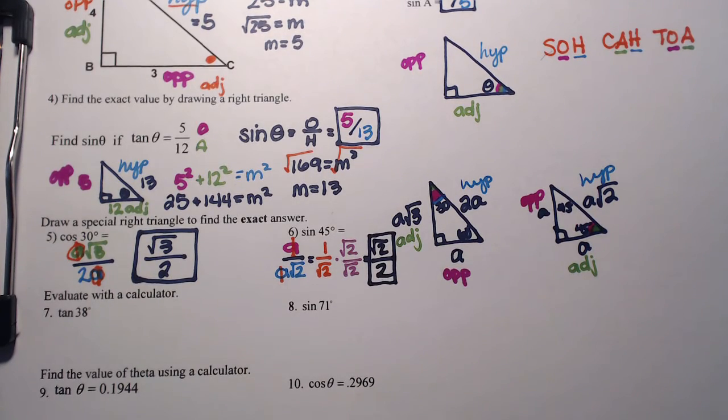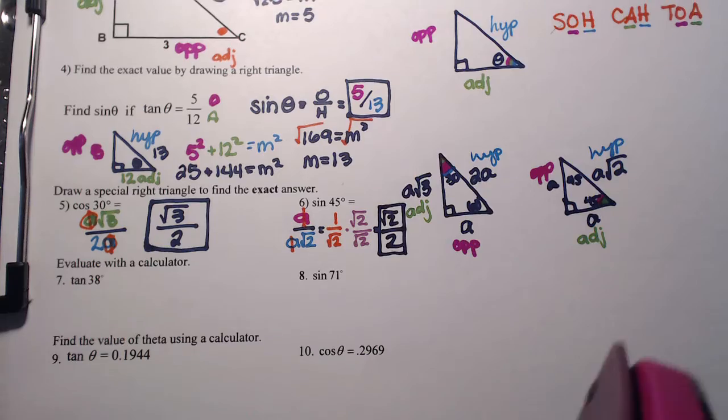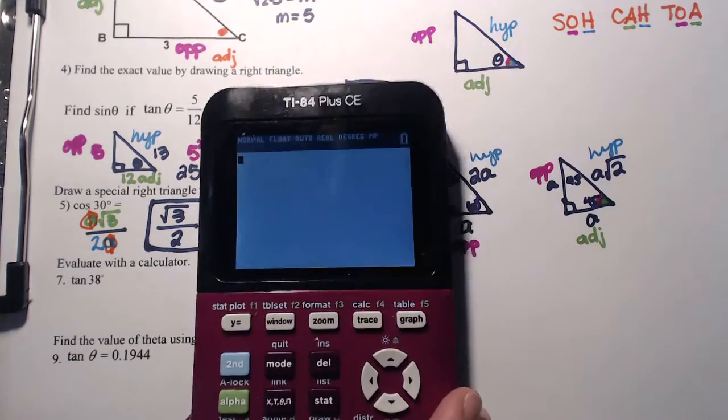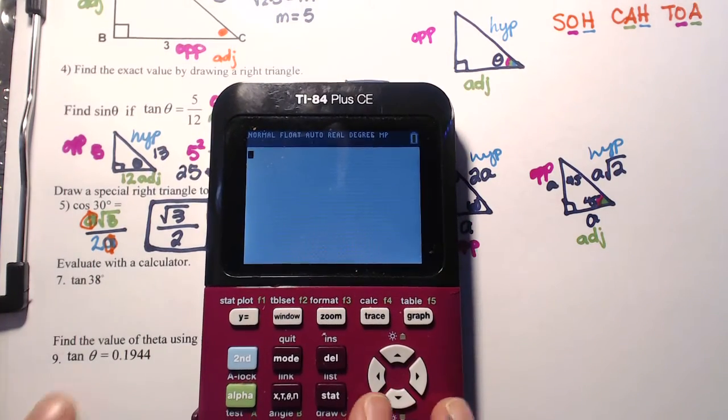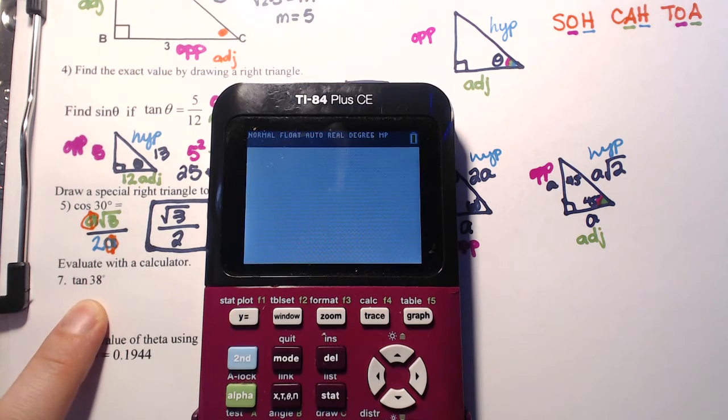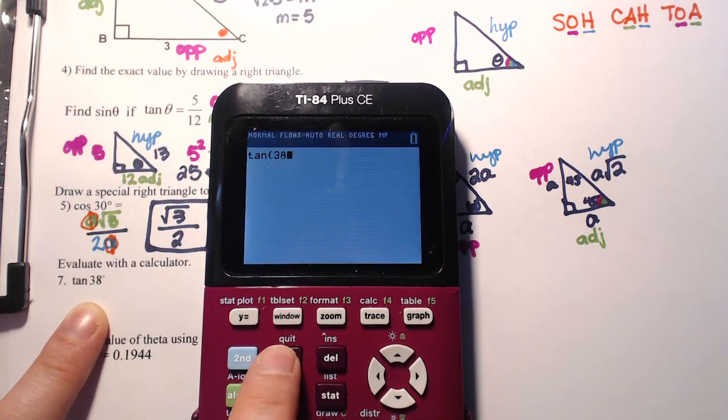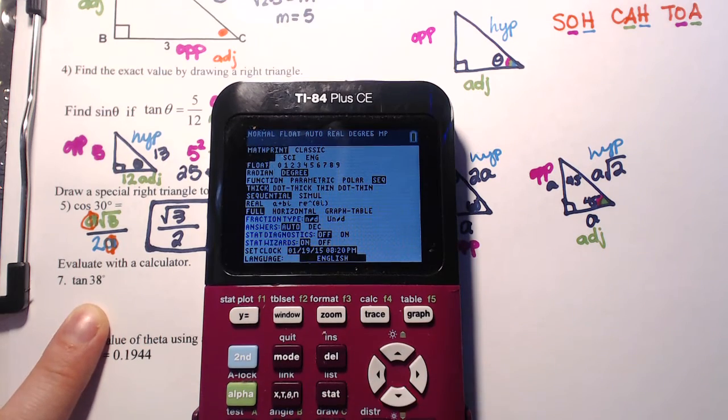Okay, and these last ones, I get to use the calculator. Make sure you can see that. So when it says tangent of 38 degrees, all you're doing is typing in tangent 38. The one thing you need to make sure of is that if you hit mode, on the graphing calculators, this is how they're going to look.